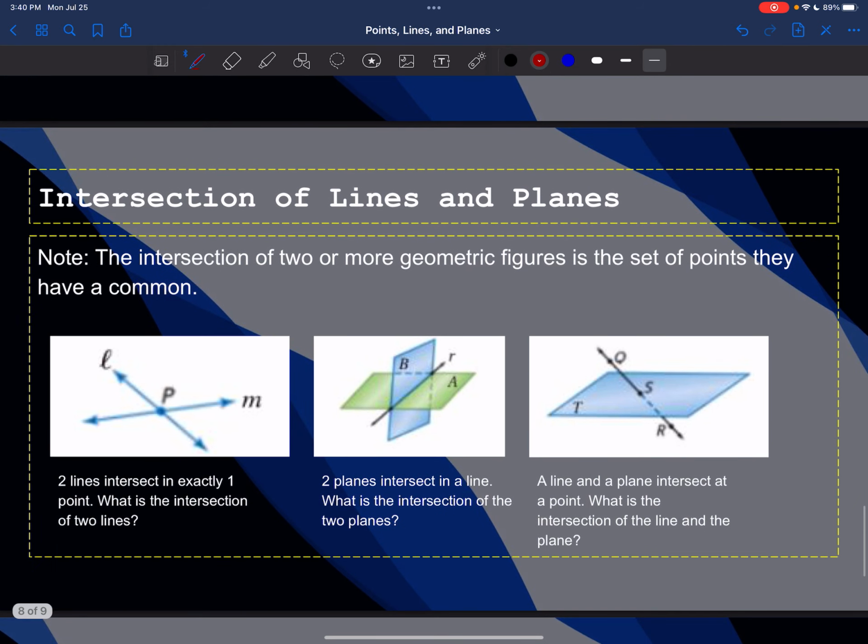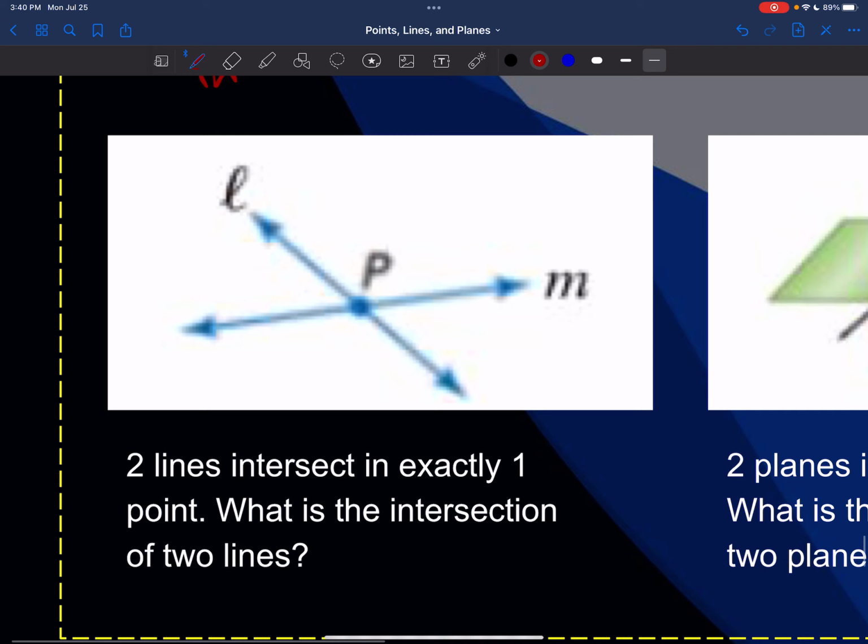Moving on, let's go ahead and talk about the intersection of lines and planes. Remember, the intersection of 2 or more geometric figures is the set of points that they have in common. So if I have this particular picture over here, I have 2 lines, and they intersect at a particular point, right?